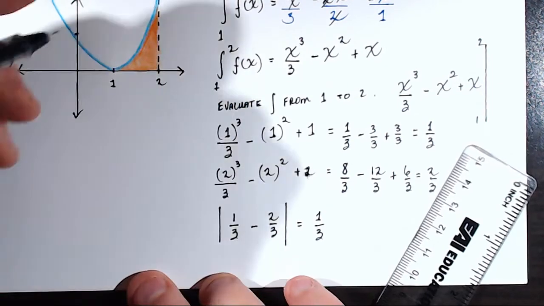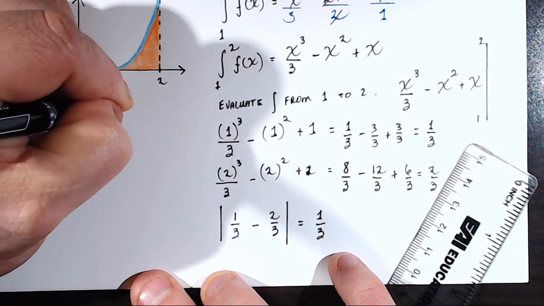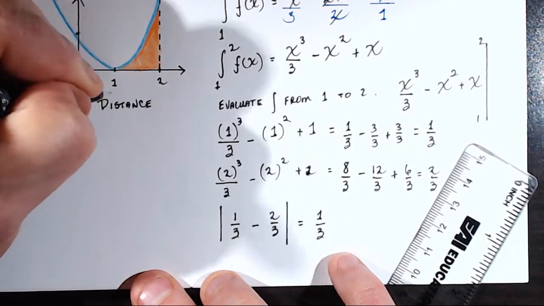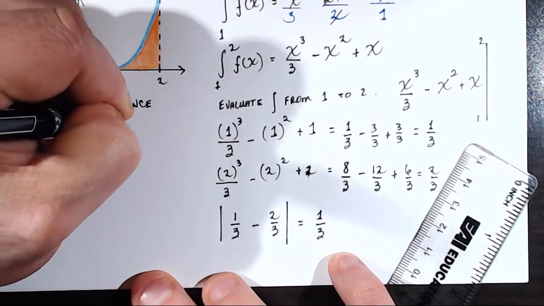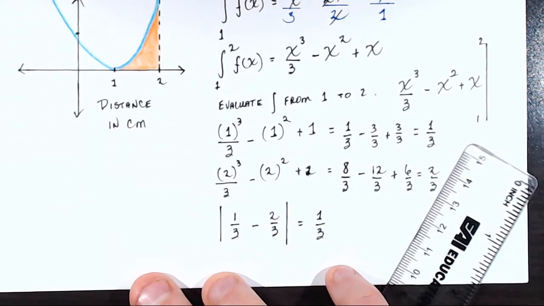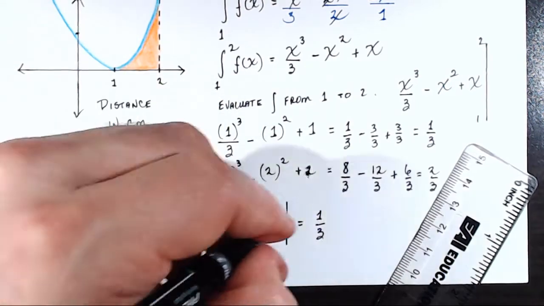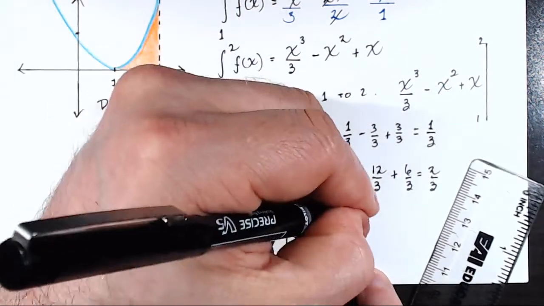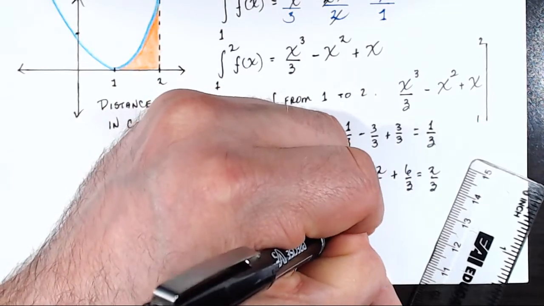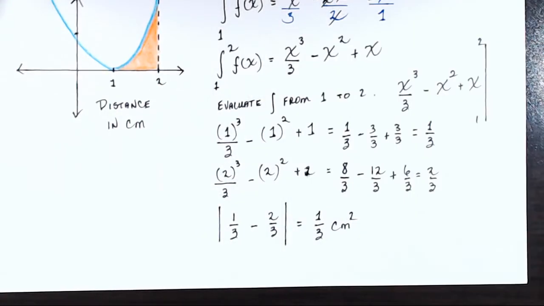So if this was distance in, I don't know, centimeters, then the area under the curve would be 1/3 centimeters squared.